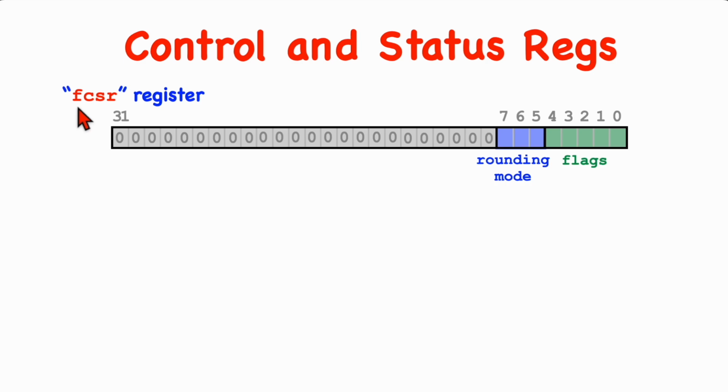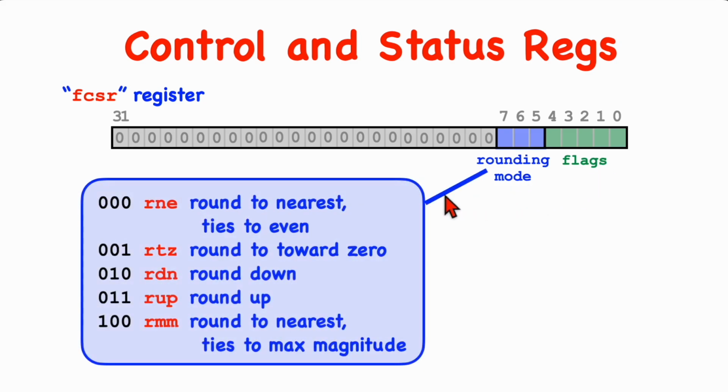Now I want to mention the floating point control and status register, which contains 2 fields that control the operation of the floating point instructions. The first field is the rounding mode field, and the second field contains 5 flag bits. So the rounding mode field contains a code number, here they are right here, that tell how the floating point arithmetic instructions should round the result when it cannot be represented exactly.